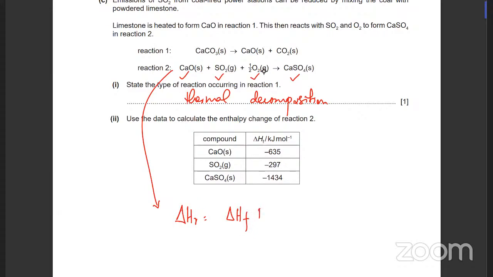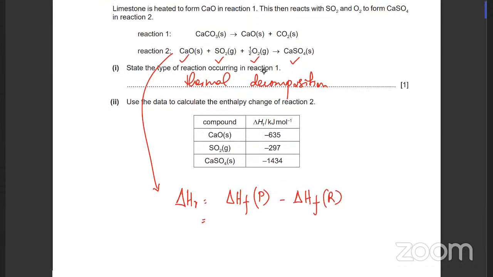Enthalpy of formation of products minus reactants. Be careful with the moles and the signs. Try and do this on your calculator, practice this, even though it's a simple calculation. The number 1 source of error is just the calculation; you'll mess things up on the calculator. So the product in this case is minus 1434.